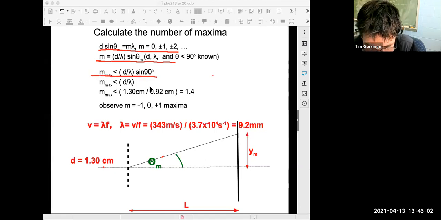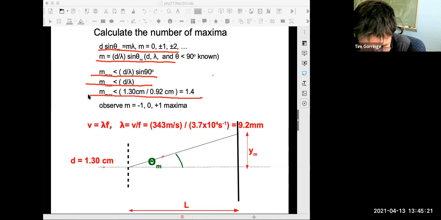If you plug in 90 degrees, and sine of 90 degrees is 1, you get this little equation that says that m, the order of the diffraction, has to be less than that ratio of the slit separation to the wavelength of the light. We know both of those.